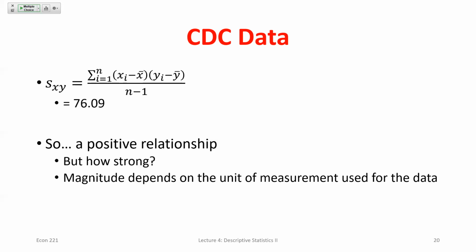The problem is, 76 what? Right? What does this tell me? Well, it tells me that they tend to be on the same side of the average, but I don't know how strong this is. Like, should I be seeing something in the thousands? Is this typically only around 10 and 76 is actually high? Well, it all depends on what variables we have.